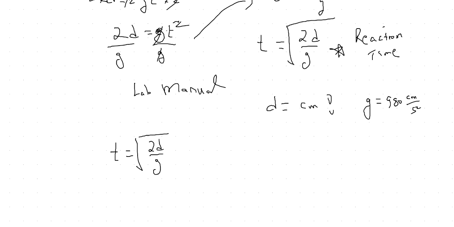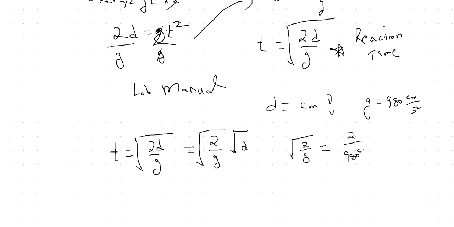Now watch, we're going to write this as the square root of 2 over G, and then you can multiply by the square root of D. Well, it turns out the square root of 2 divided by 980 centimeters per second squared, they work this out, and this comes out to 0.045.